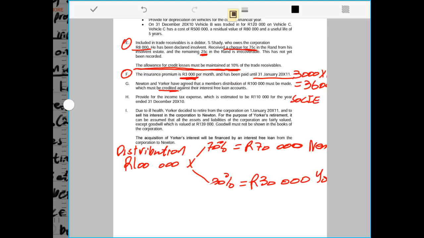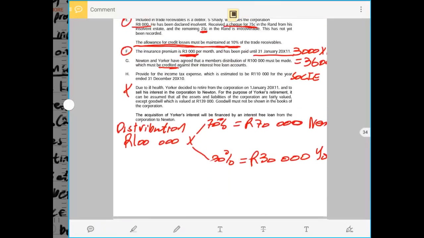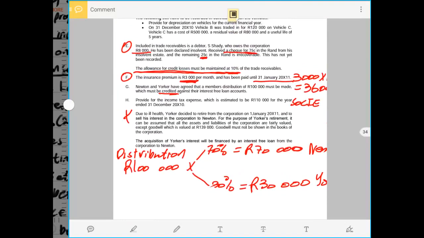Then number I says due to the ill health. The ill health now is not much important. We can ignore the ill health so far. Therefore now I'm done with these adjustments. Where is the tax? Okay, sorry, number H. We have done number G. We are doing number H now.